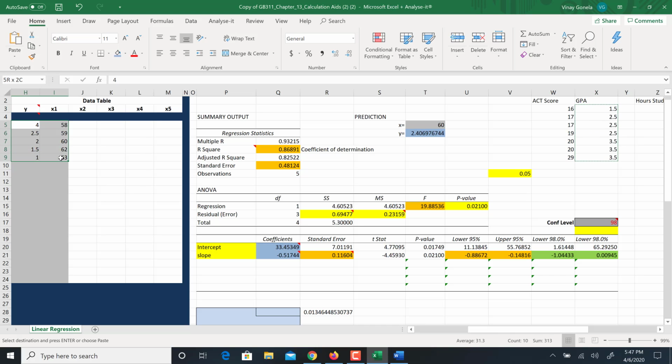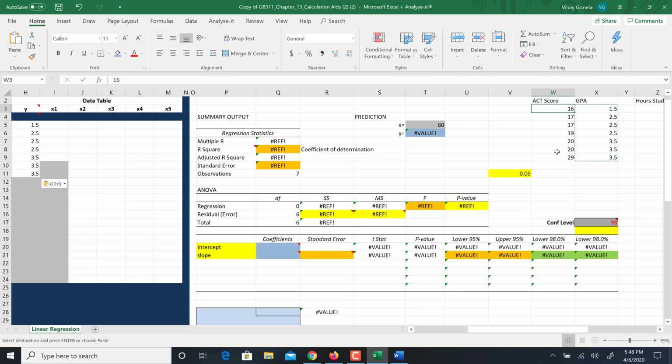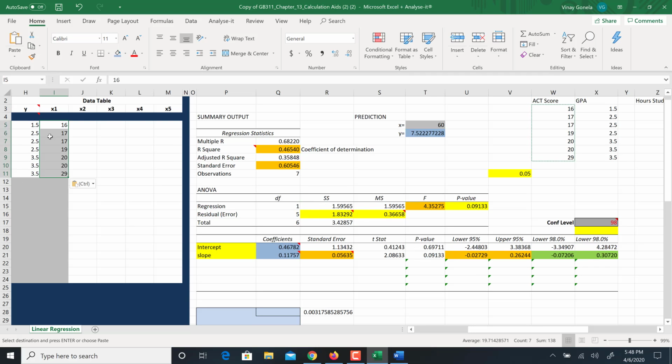I will type GPA. GPA would be my y, and then my x would be ACT score. So the first thing they are saying is you got an intercept of 0.46 and 0.11.